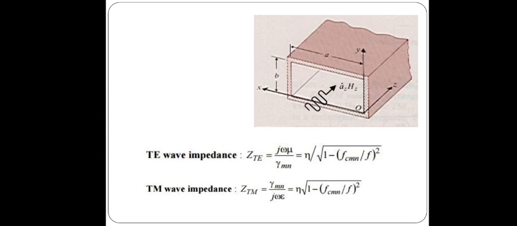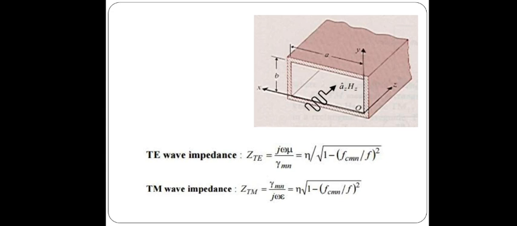If you consider the transverse electric wave, the impedance is j omega mu by gamma mn, which is equivalent to eta divided by the square root of 1 minus (fc mn by f) squared, where fc mn is the critical frequency of the m and n modes and f is the operating frequency.